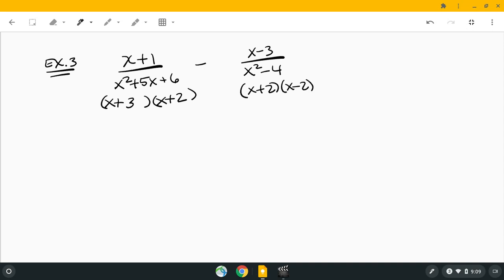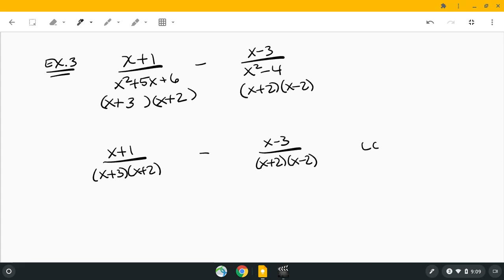All right, so let me bring it down here again so it doesn't get all cluttered. Okay, and subtraction, and I have x minus 3 over x plus 2, x minus 2. All right, so my LCD, what family do I see?